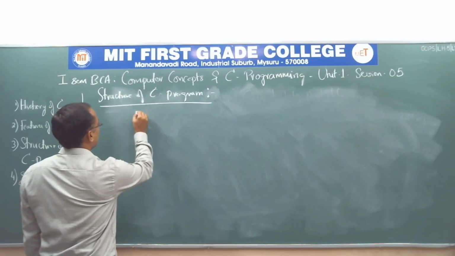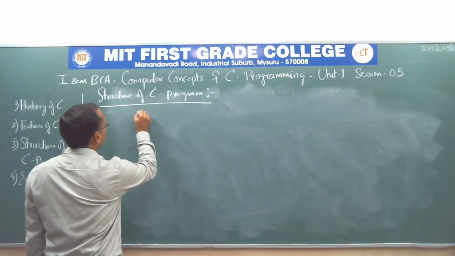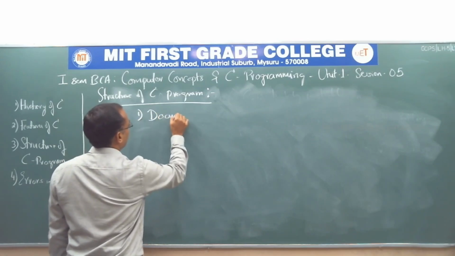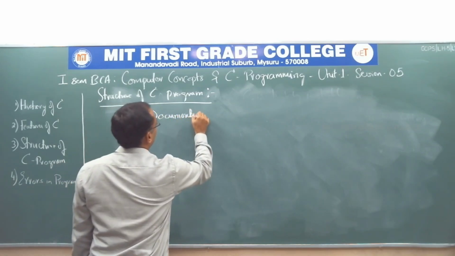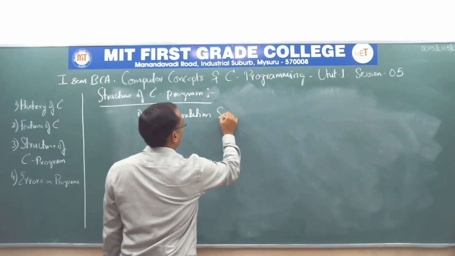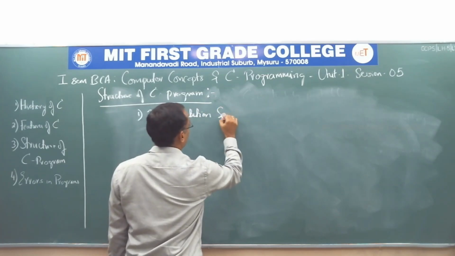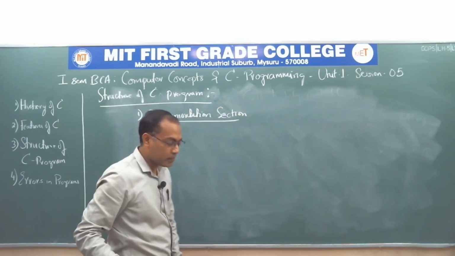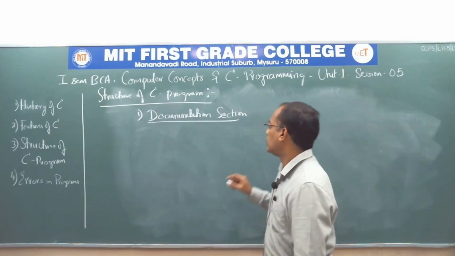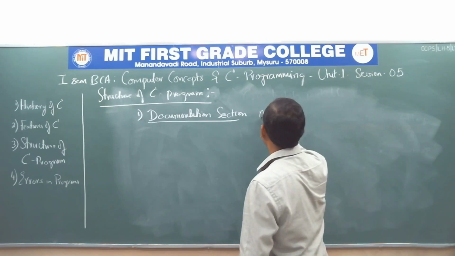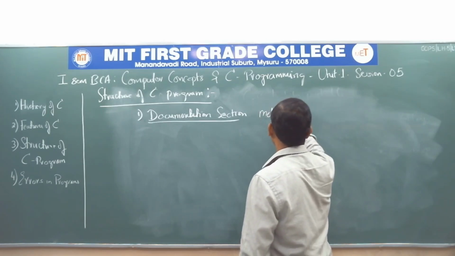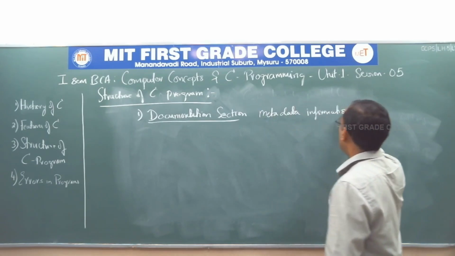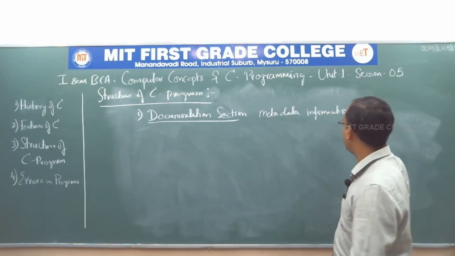So the very first block is called the documentation section. This documentation section is used to write down the metadata information, which means data about data.